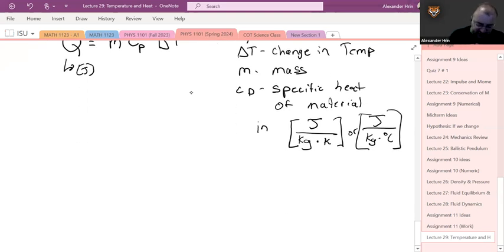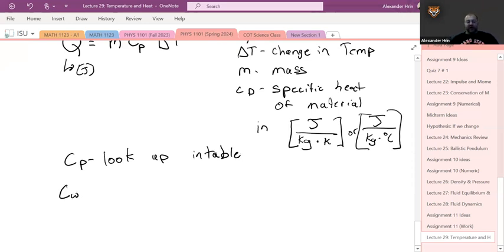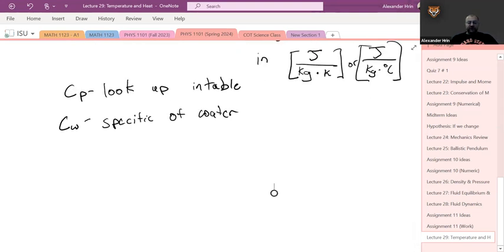Just one other thing, C sub P, these you look up in a table, with one exception, and you can look this one up in a table too. But the way I tend to do it is, I would say C sub W is the specific heat of water. This is one that I remember because it does come up a lot.